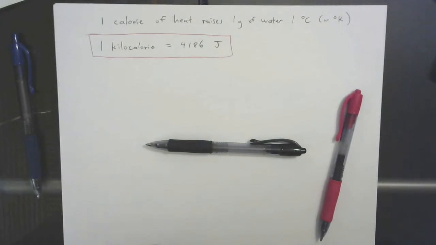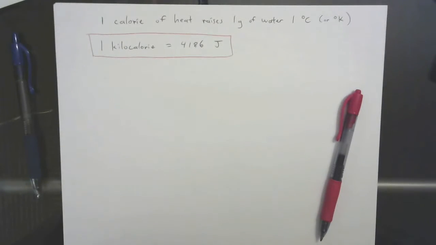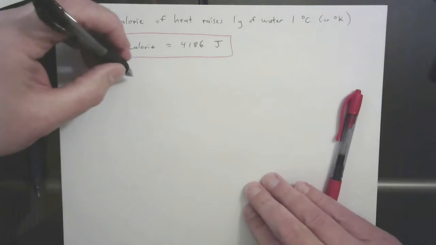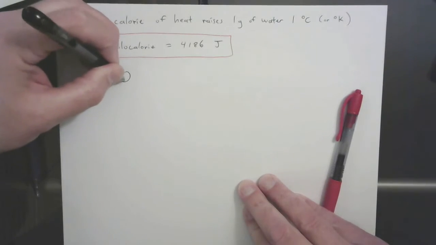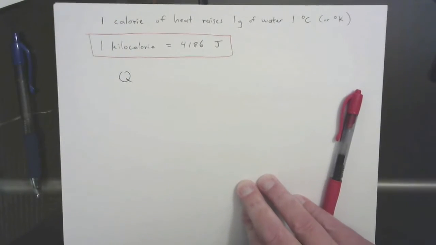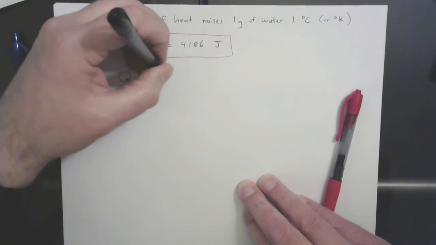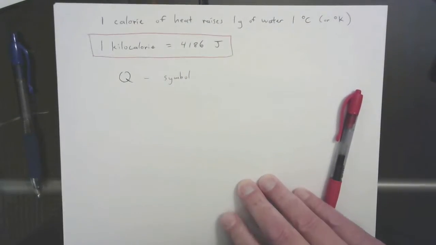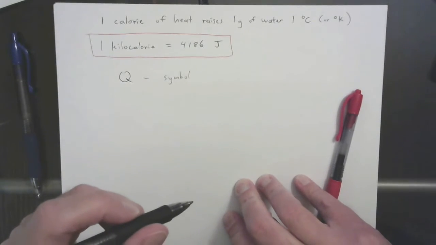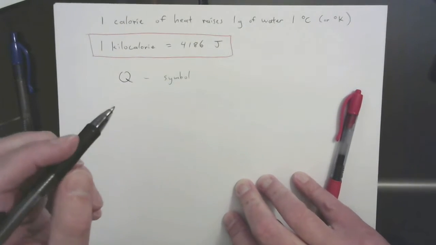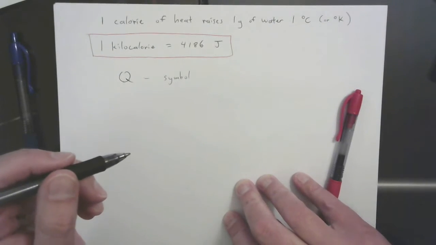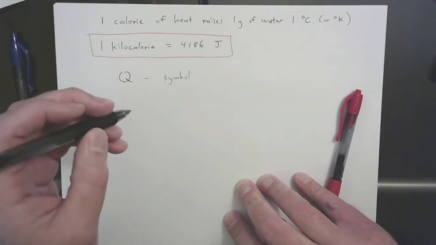Kind of interesting that. So what we're going to do with this is we're going to raise the temperature of a substance. So we're going to use a symbol Q for that. So that's the symbol for heat transfer. I believe there's a bit of a conflict because that's also the symbol for fluid flow, but the contexts are completely different, so hopefully you can keep them separate in your head.